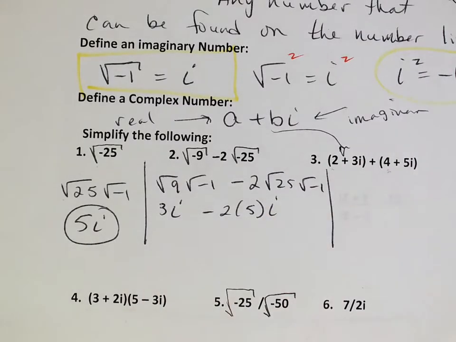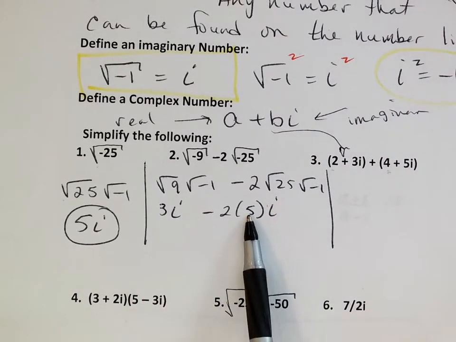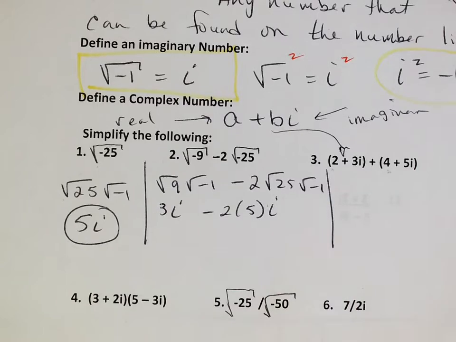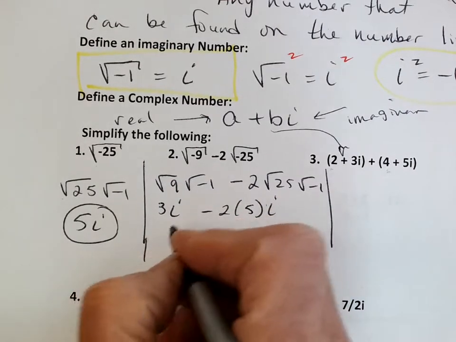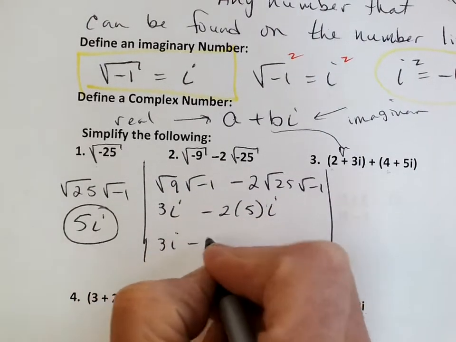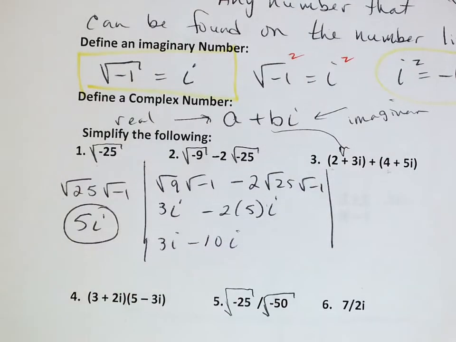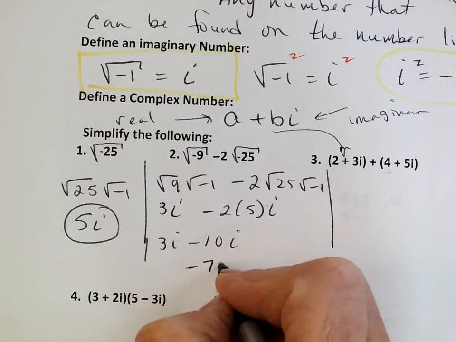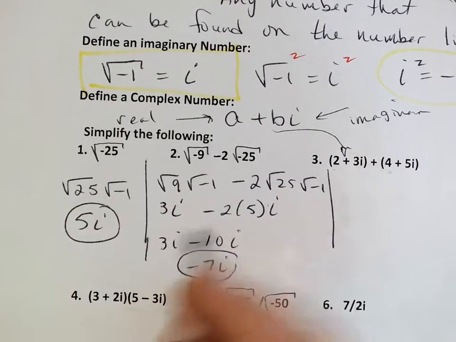I got the square root of 25 is 5. There's my i. Which is 3i minus 10i, which is just -7i. Okay, those are imaginary numbers.